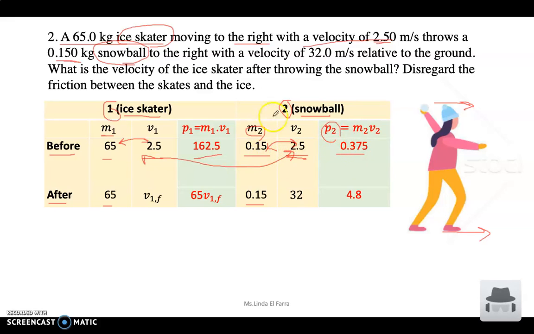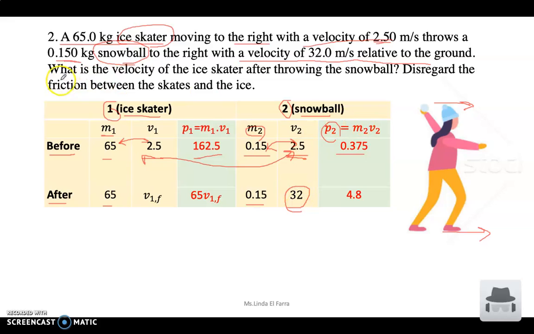0.375. Now we'll continue. After she throws it, this snowball will move with a velocity of 32 meters per second relative to the ground. So the velocity of the snowball, which is m2, will equal 32. I write it down in the table.